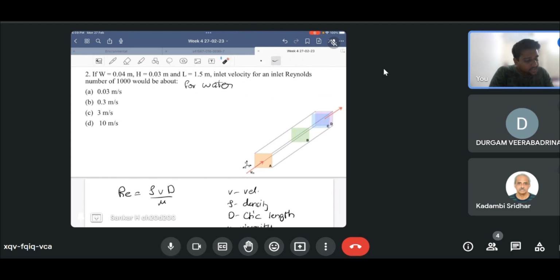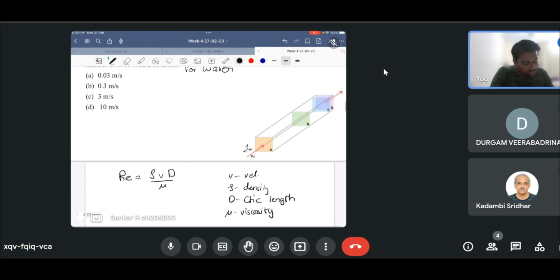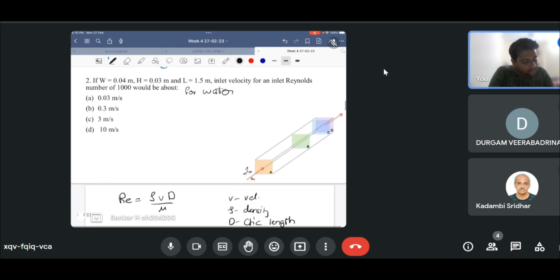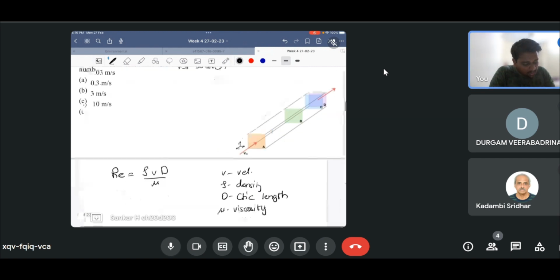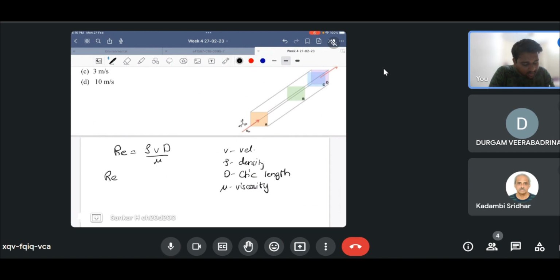Now, it is given that there is an inlet velocity of 1000. So, we have to assume that the flow happens in this direction. The given velocity is in the z direction, and what they have given is not w, the component in the z direction, but the Reynolds number, which is characterized by a flow in the z direction, is given as rho times w times b by mu.